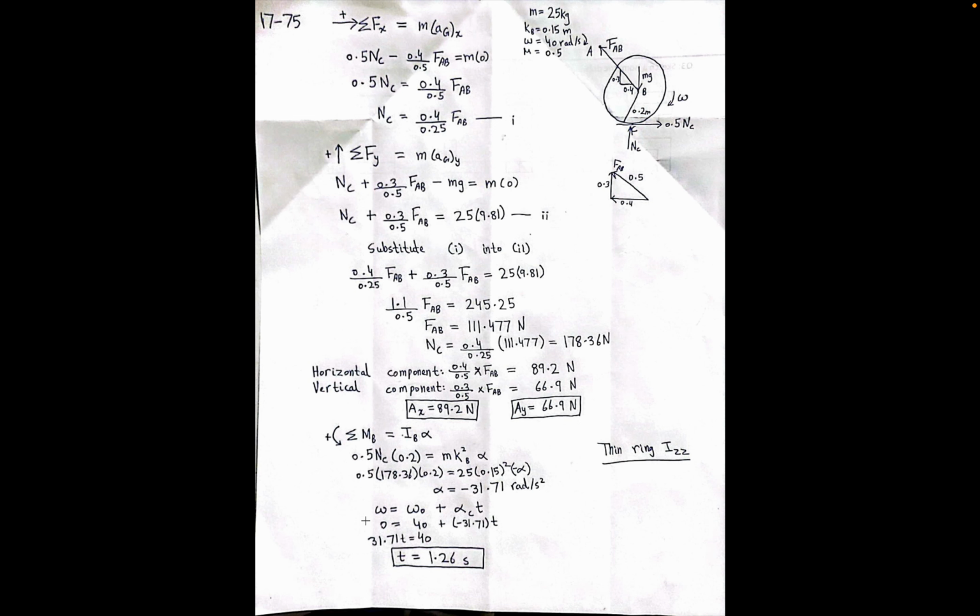It was given that it comes to rest, which means that the angular velocity becomes 0, and we knew the initial, which was 40, and we add that with the angular acceleration multiplied by time, and the time taken is 1.26, and also it's a negative angular acceleration because it's decreasing, which is deceleration in other words.